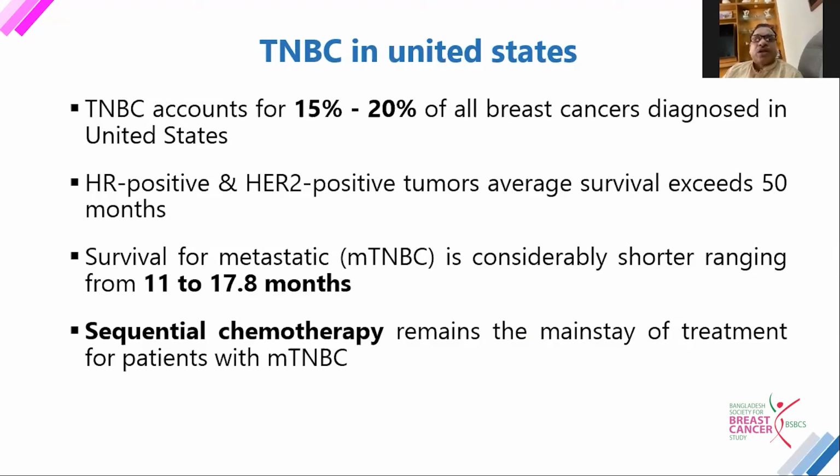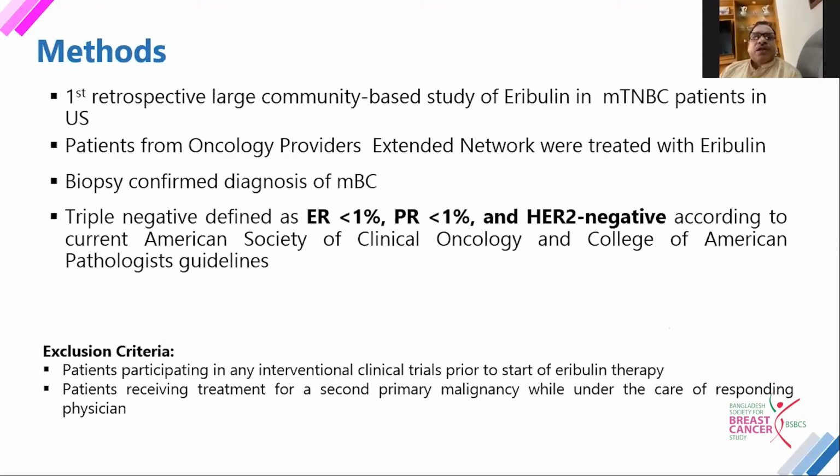So sequential chemotherapy remains the mainstay of treatment for patients with triple-negative breast cancers. This is the first relatively large community-based study of eribulin in triple-negative breast cancers. Triple-negative breast cancer is defined here as ER less than 1%, PR less than 1%, HER2 negative, according to the current ASCO and College of American Pathologists guidelines.